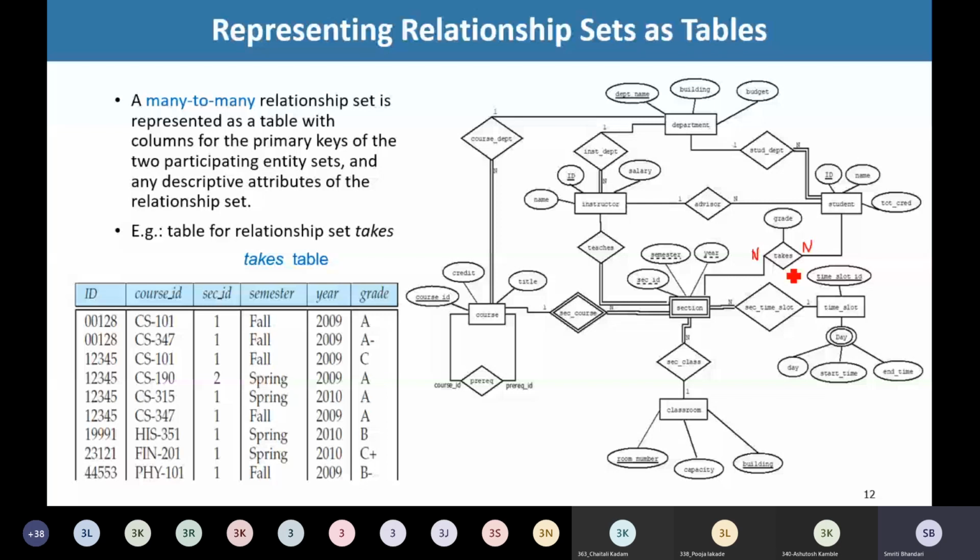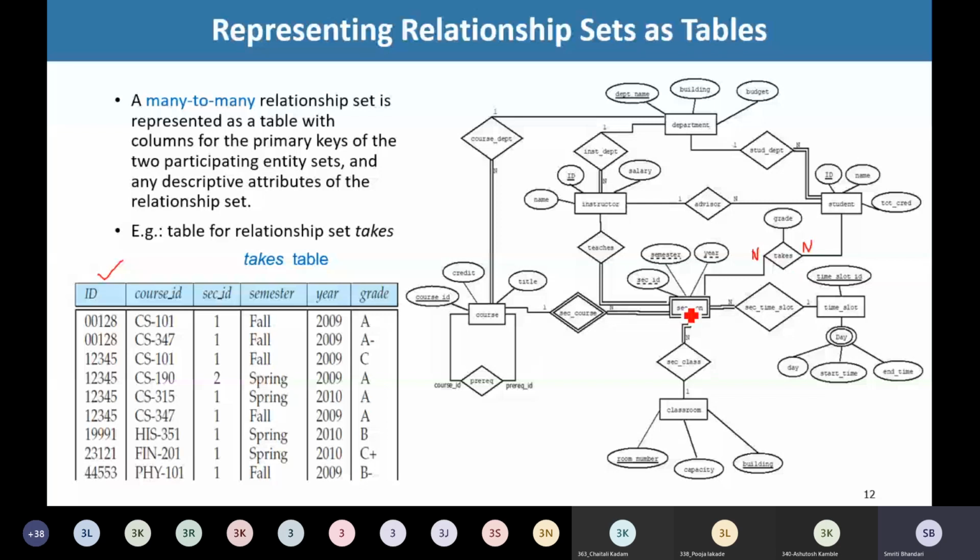What are the columns? Please look at this. My takes relationship set will have the primary key of the student. What is the primary key of the student? ID. So I have that column ID. What is the primary key of section? We have seen this is a weak entity set.